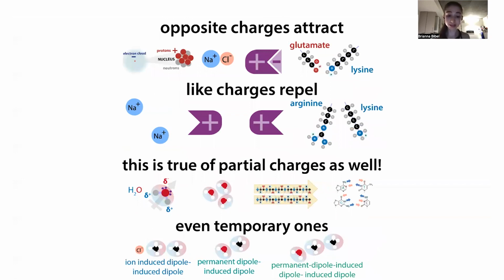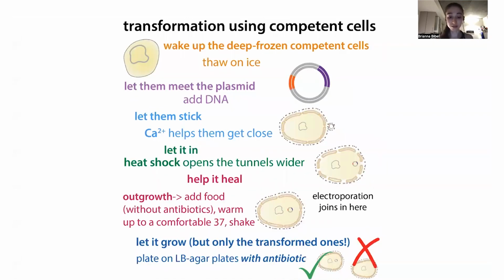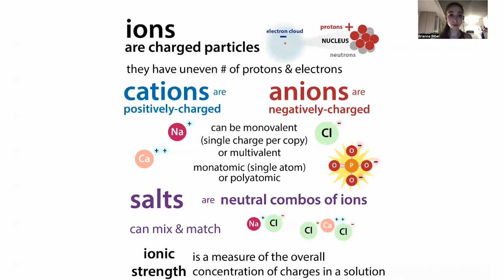And so if we want that DNA to get close, we're going to have to give it some help. We're going to have to help neutralize those charges, and we can do this by adding a positive charge. So we can add calcium chloride. Calcium chloride is a salt form. A salt is a neutral combination of a positively charged thing, a cation, and a negatively charged thing, an anion.